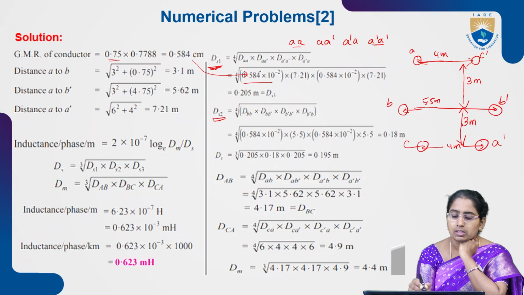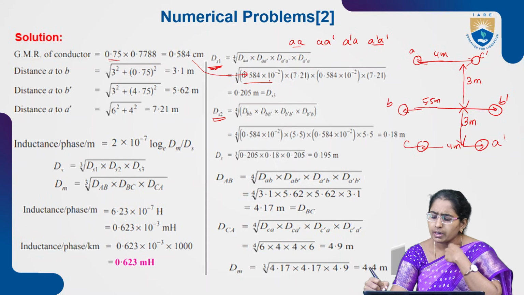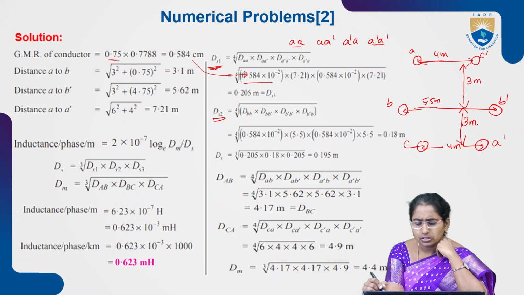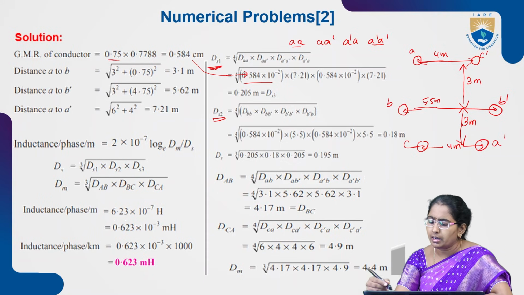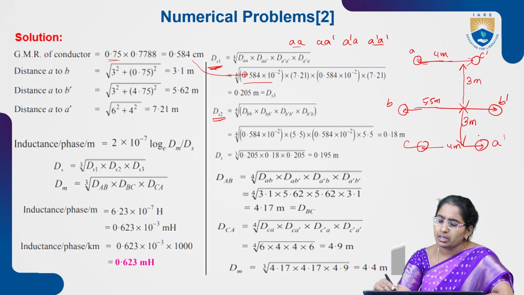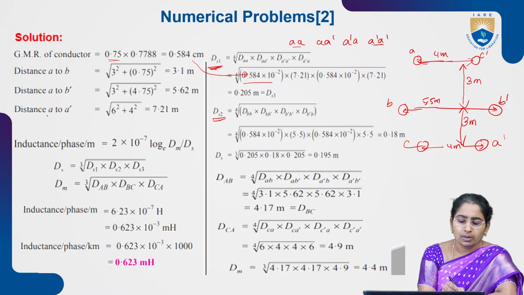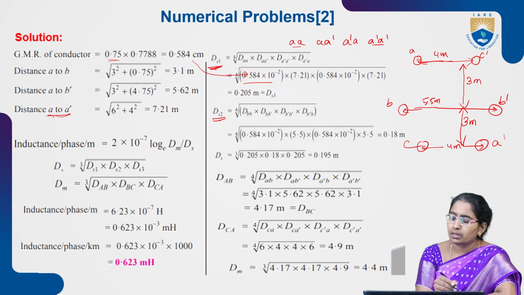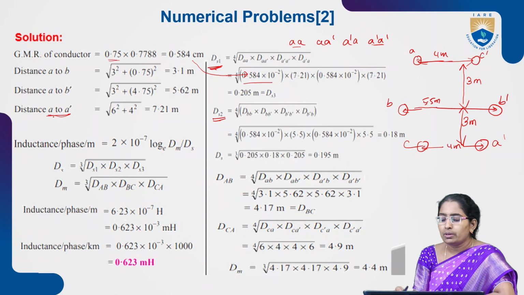Next, what is AA dash? Look at this diagram and calculate AA dash. Here is A, this is A dash. From here to here is 3 plus 3, 6. So the distance between A and A dash is the square root of 6 whole square plus 4 whole square, from the diagram arrangement given.